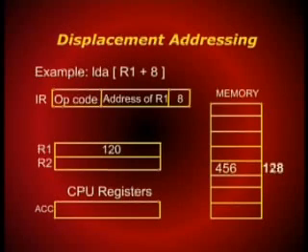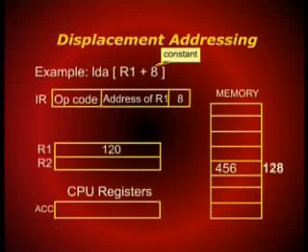For our example, load A with a square bracket containing R1 plus 8. 8 is just an example constant in this case. The instruction register contains the opcode followed by the address of one of the registers, which in this case is R1, followed by a constant, which in this example is 8.